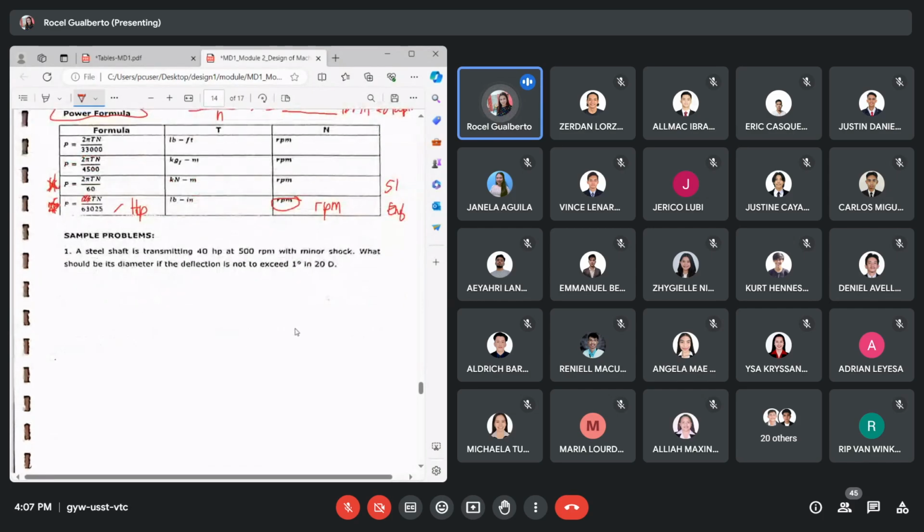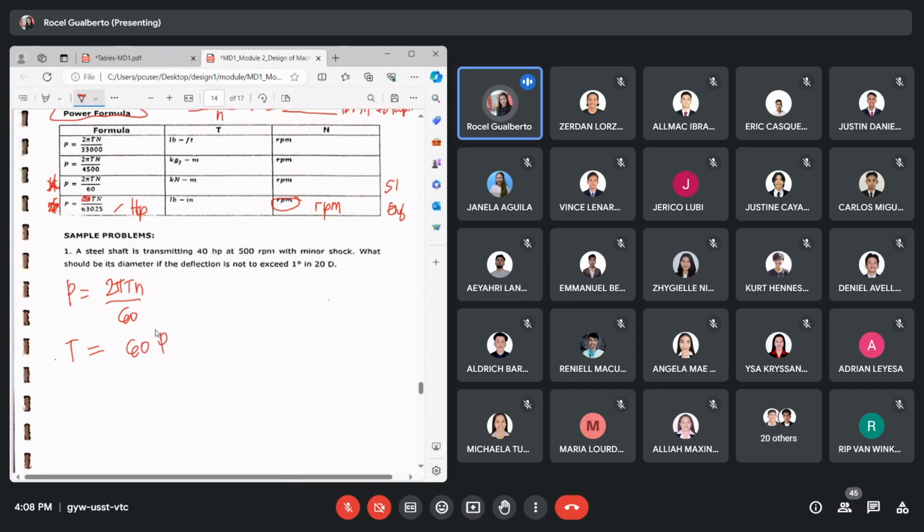Okay, so paano po naman kapag po ito? Power is equal to 2 pi Tn over 60. We need therefore value ng torque. So given the power, ano po yung equation natin?